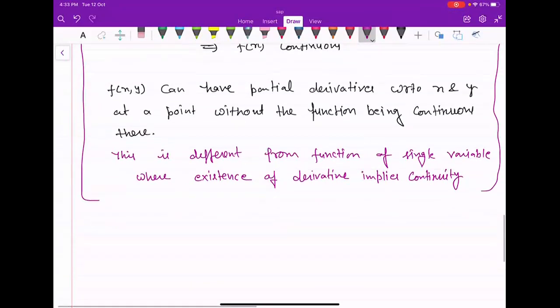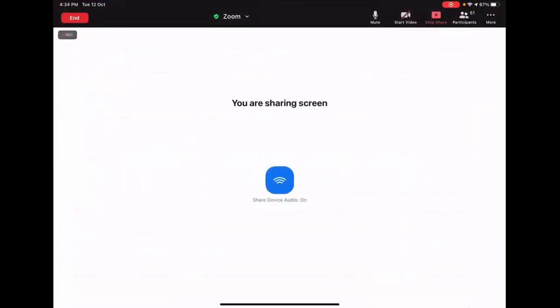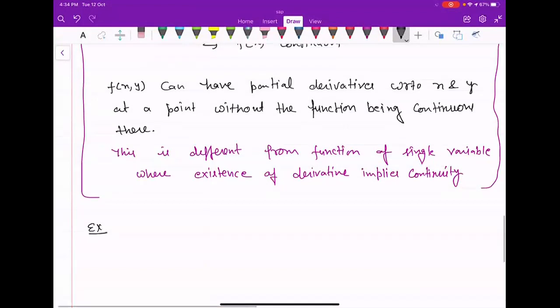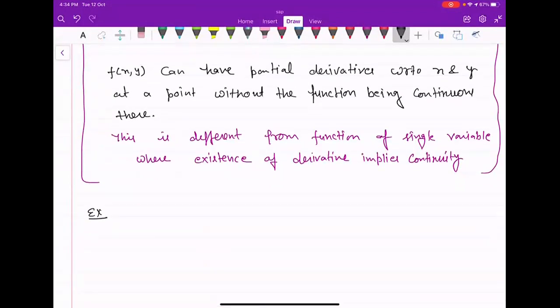Now, one example we are going to discuss here. Suppose f(x,y) is a function defined as 0 when xy is not equal to 0, and 1 when xy equals 0. xy equal to 0 means maybe x and y both are 0, or x is 0 and y is not 0, or y is 0 and x is not 0.